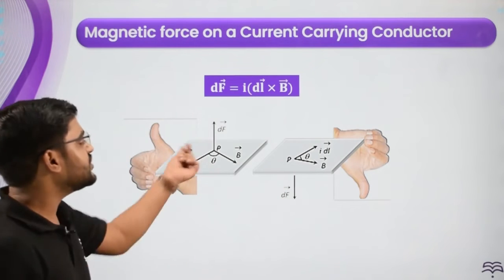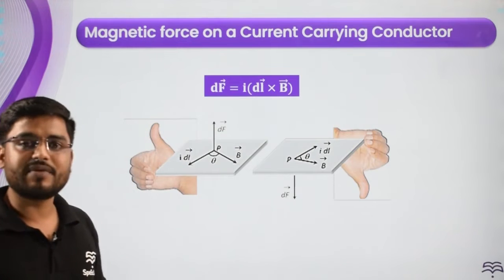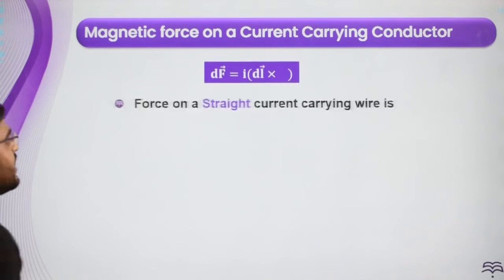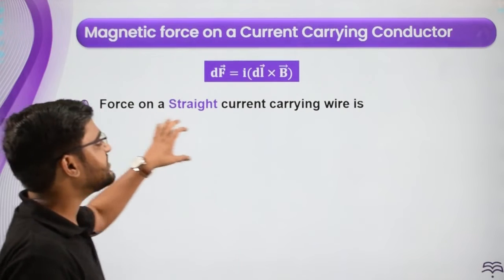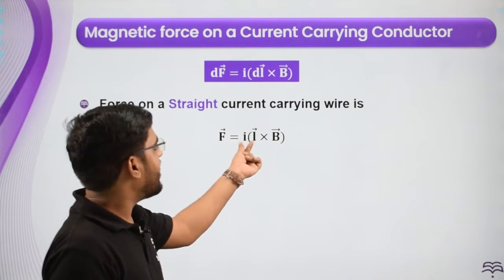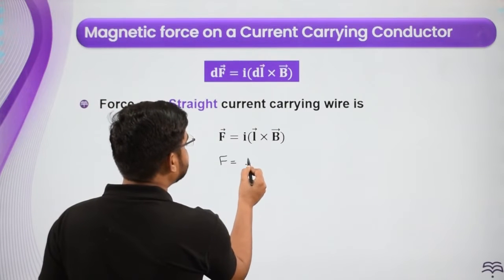The force on a longer wire is I L B sine theta, which some remember as BIL sine theta. So the force on a straight current carrying wire is F equals I L cross B. If you just want to remember, it is ILB sine theta.